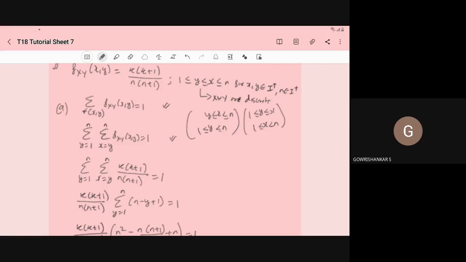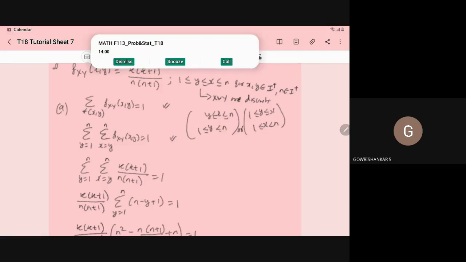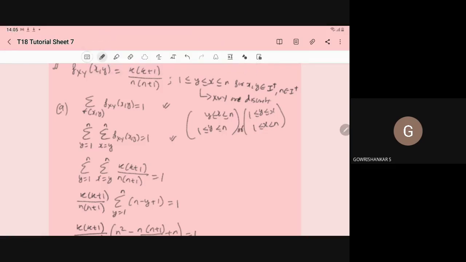So from the given interval we can have the following two intervals for x and y. Here we have taken the summation over y, y from 1 to n, when x is from y to n. The same thing you can do with the other interval also. So y from 1 to n and x from y to n.